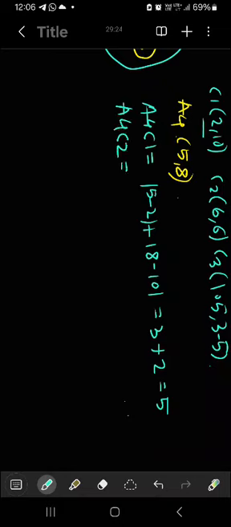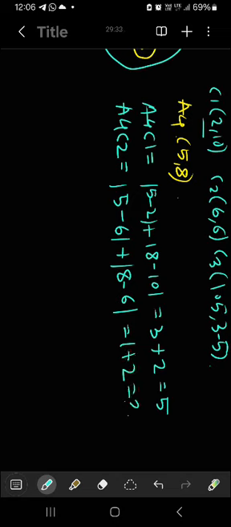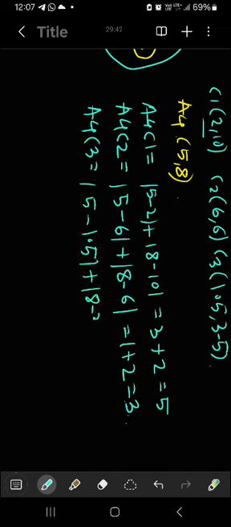Next I will check A4 with C2 and see the distance. It is |5 minus 6| plus |8 minus 6|, so it is 1 plus 2, which equals 3. Now I will check A4 with C3. It is |5 minus 1.5| plus |8 minus 3.5|. So 5 minus 1.5 is 3.5, and 8 minus 3.5 is 4.5.